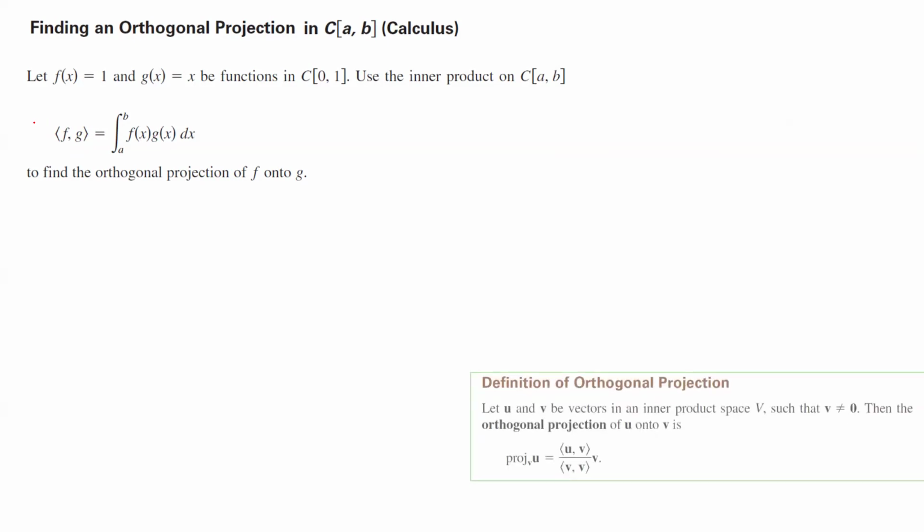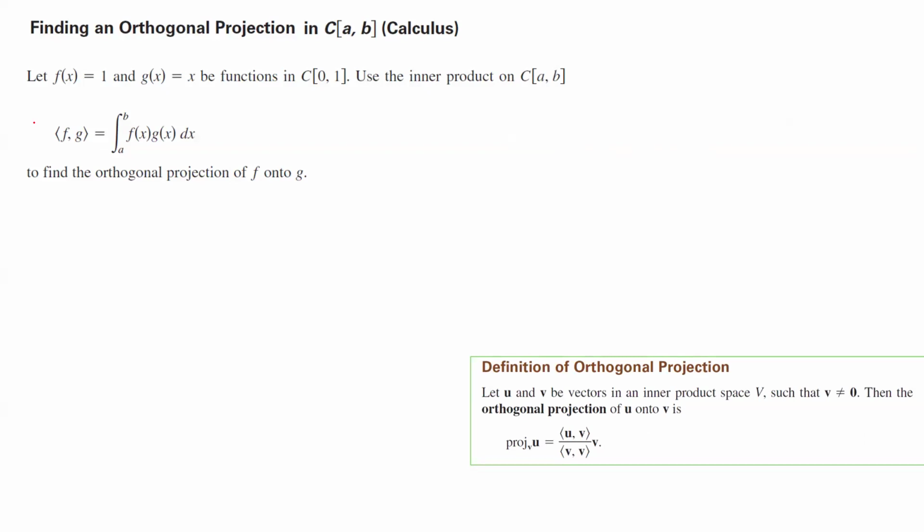Very good. Remember the definition of orthogonal projection. The orthogonal projection of u onto v is equal to the inner product of u and v divided by the inner product of v and v, in the direction of vector v. But again, this is just a scalar. This is just a number multiplied by vector v. Let us begin.